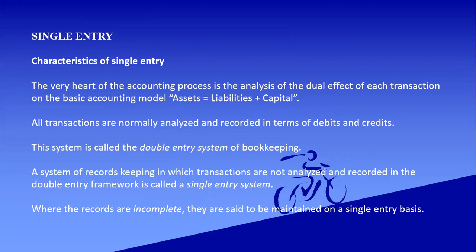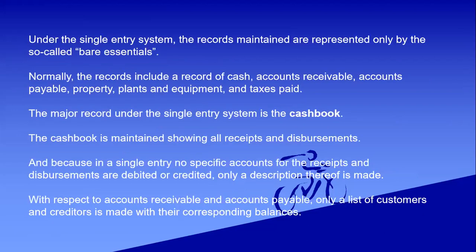A system of record keeping in which transactions are not analyzed and recorded in the double entry framework is called a single entry system. Where the records are incomplete, they are said to be maintained on single entry basis. Under the single entry system, the records maintained are represented only by the so-called bare elements or bare essentials.